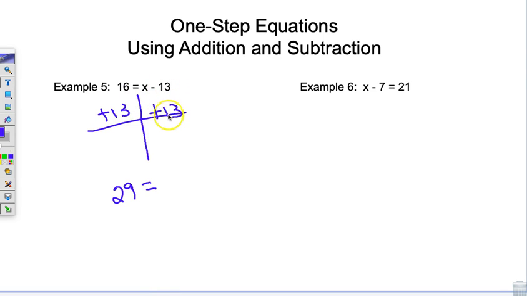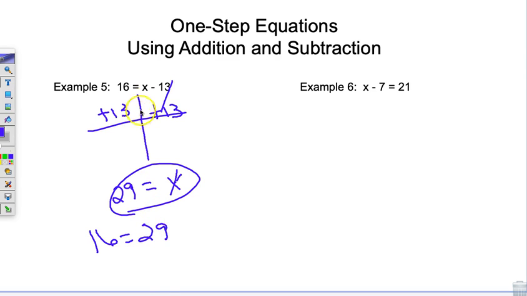And negative 13 plus 13 is 0. So my answer is 29. Now if I want to check that, I'm just going to go back in and fill in 29 for x right there. Take away 13. And if you wanted to write it so that you can do your math like this, that is correct. So I know I'm right.